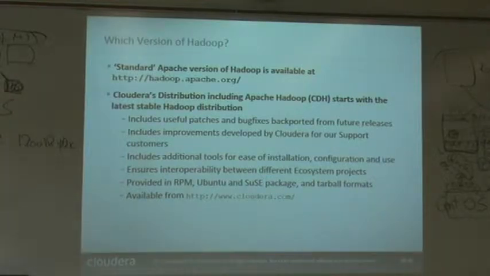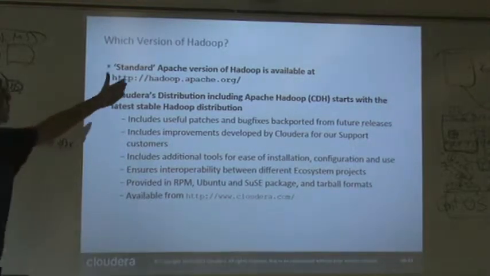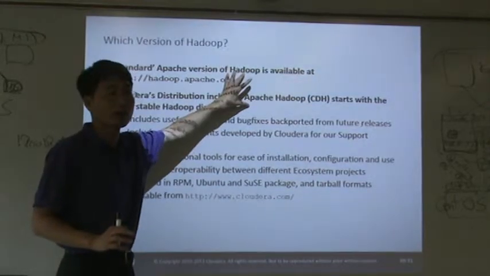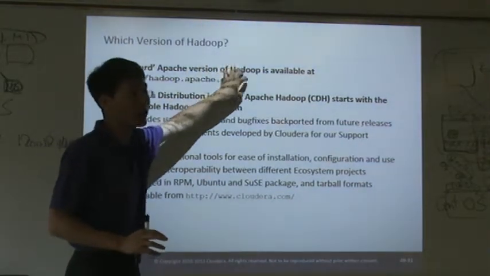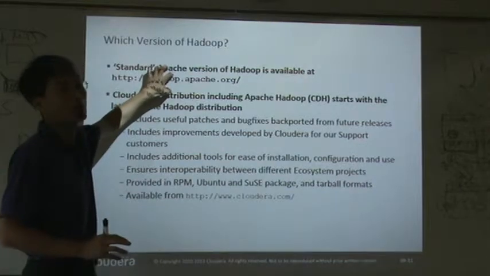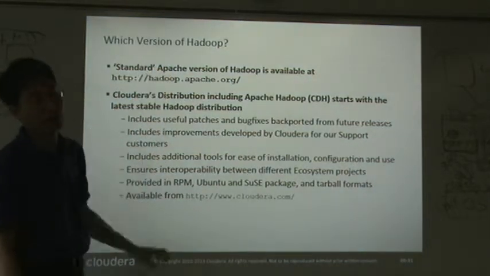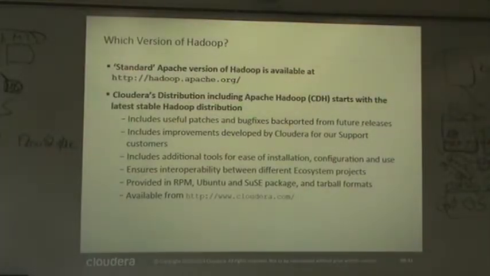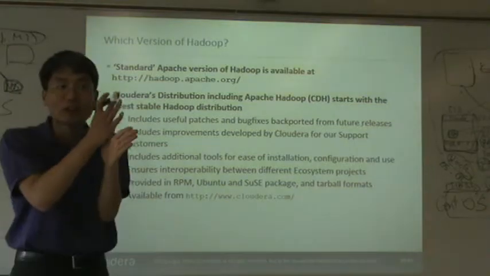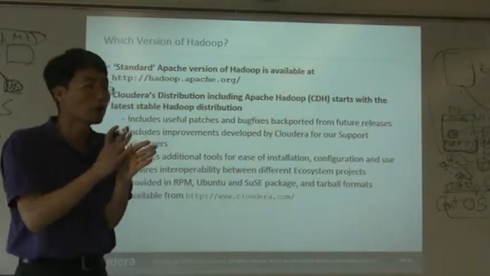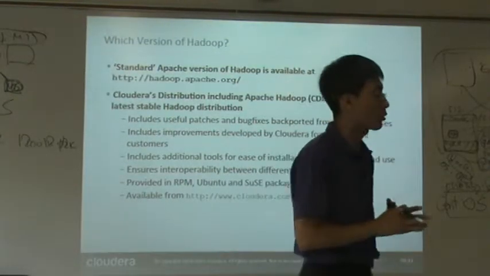So we are ready. How can I install the Hadoop system? We can go to hadoop.apache.org. Under the Apache Foundation, this is the Hadoop project. You can download the latest or an old version of Hadoop. When you download, it can come in different formats of installation.